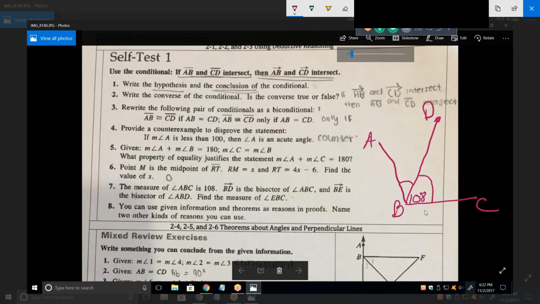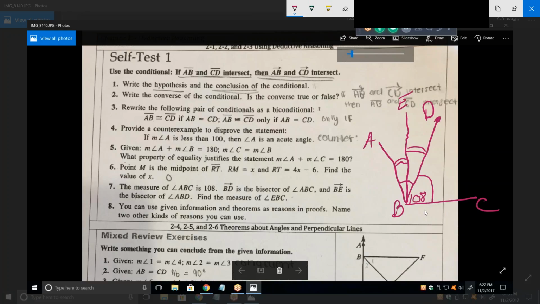Let's see, what are they asking? And BE is the bisector of ABD, so there's another line right here, BE, and that angle is equal to that angle. I got everything right? I think so. Now we should be able to answer whatever question they ask.